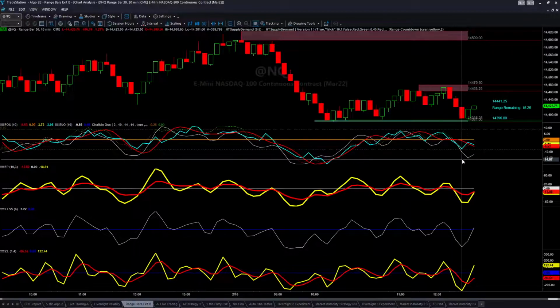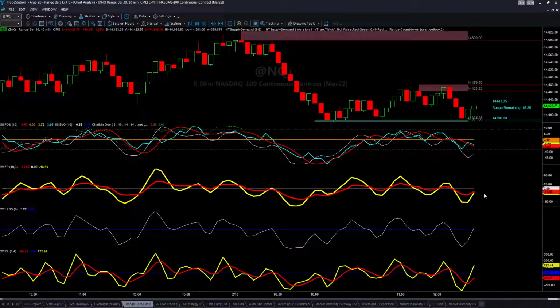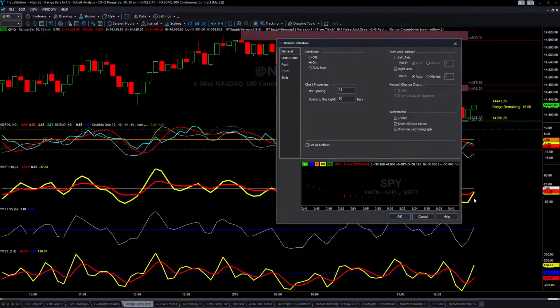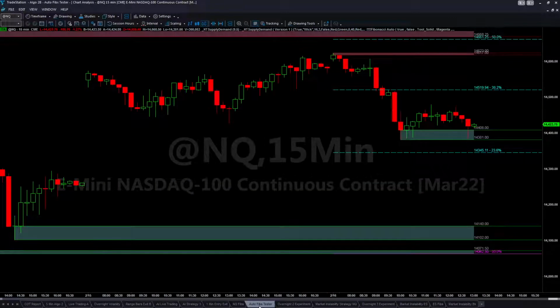This thing started a trend, and it is still trending right now to the downside, but the downside's looking to fizzle out right here on the range bars. Look at that, boom, right there. So if you're thinking of taking a short right now, this might not be a good time. It's better to wait just a little bit, in my humble opinion.